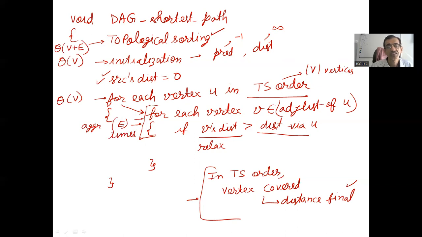So overall, this complexity is again nothing but theta of V plus E, because this is E times, this is V times. All contributing towards this, the total being theta of V plus E. So total time complexity straightforwardly becomes theta of V plus E.